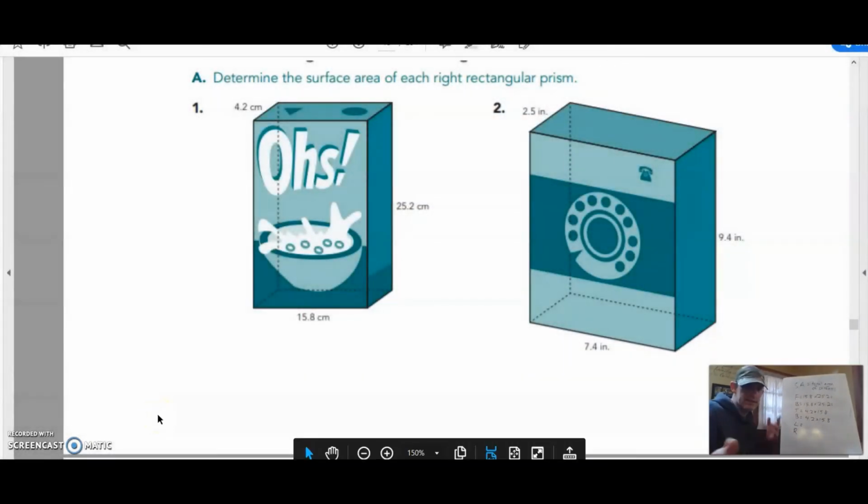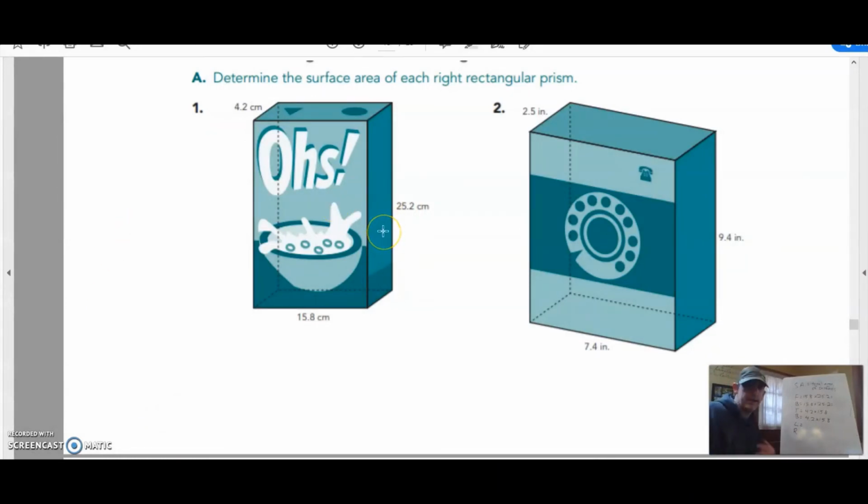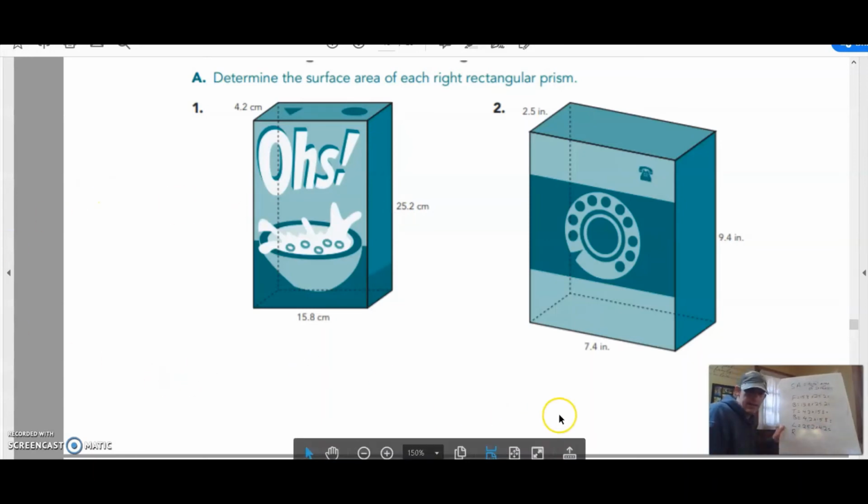Now we need the left and the right. Okay, I know I have left written first, but we're going to kind of do the right side first. Don't tell anybody. 25.2 is our height, but what's our width there? It's the same as that line, which is the same as, oh, there it is, 4.2. So all those lines are the same, so we know that one would be 4.2. So we can do 25.2 times 4.2. That would be our left.